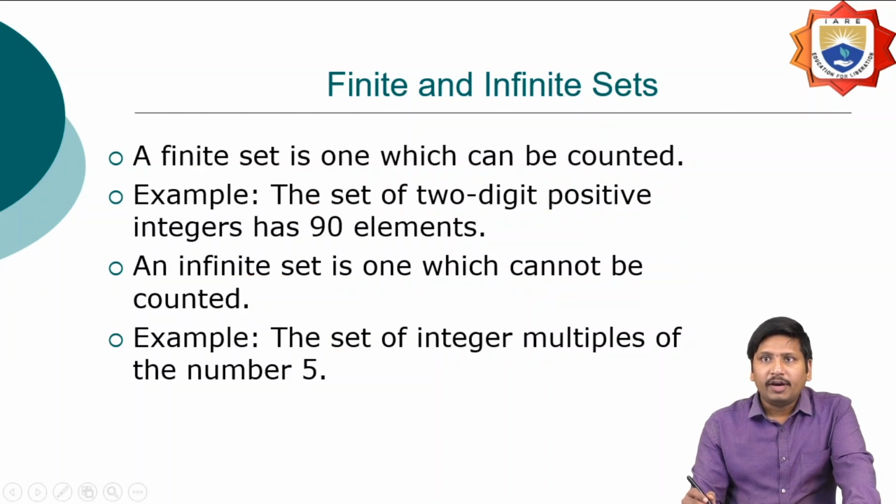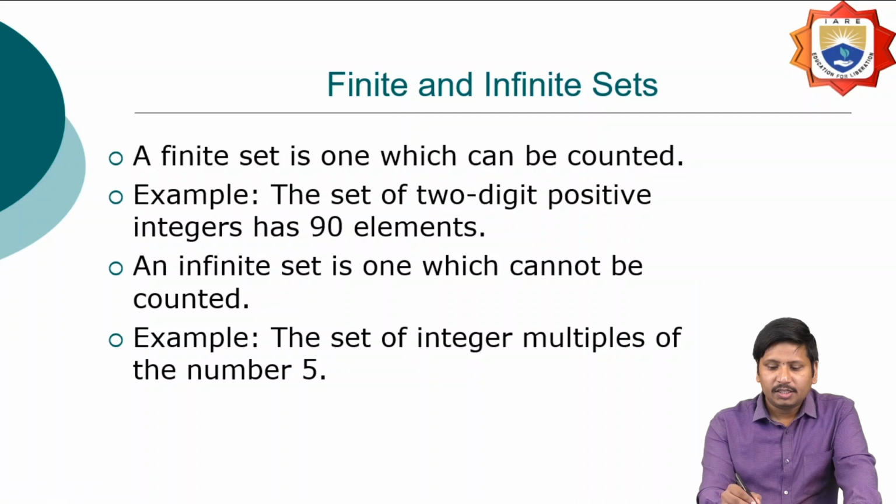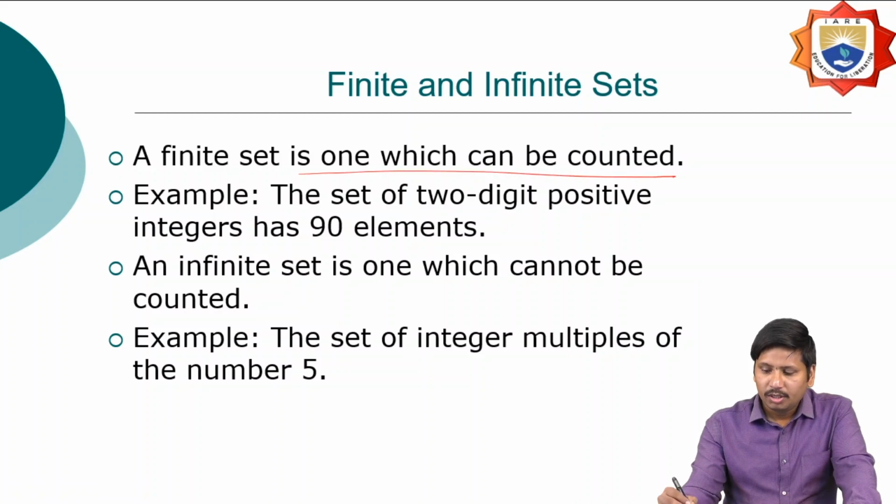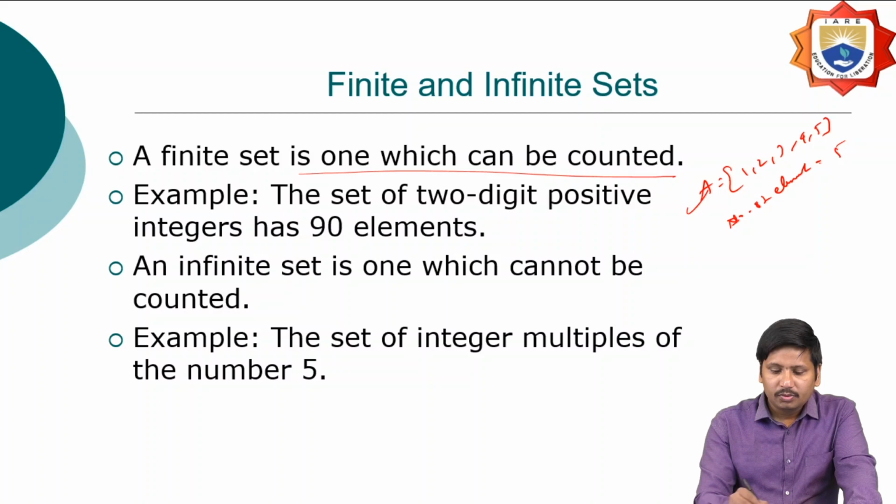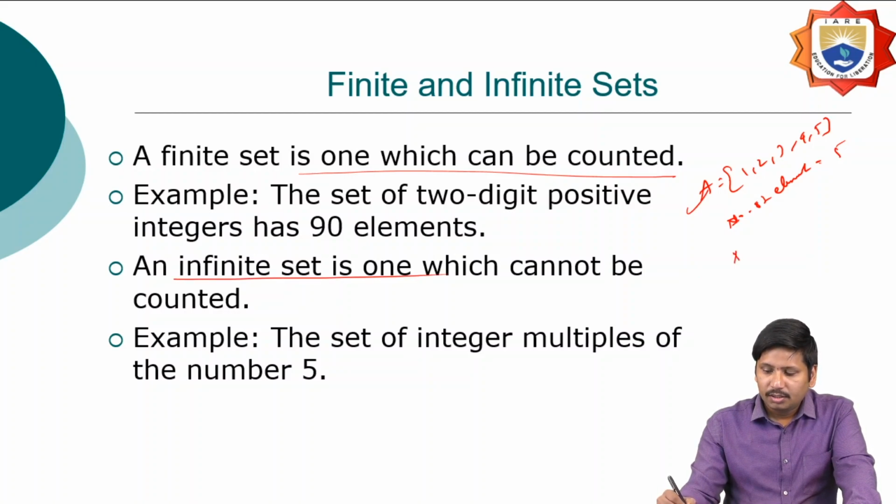Okay, so the finite set and infinite set. A finite set is one which can be counted. Suppose I have a set of values, and the number of elements present in the set is 5. This should be called a countable one. An infinite set means one which cannot be counted, like A equals up to so on infinity.